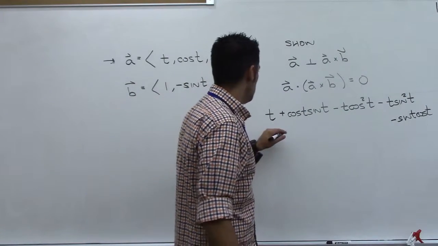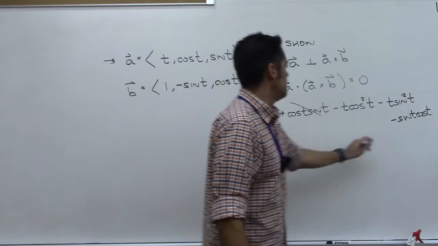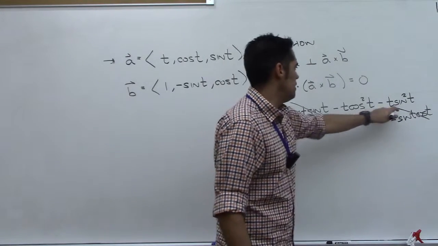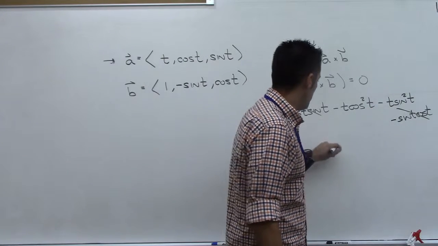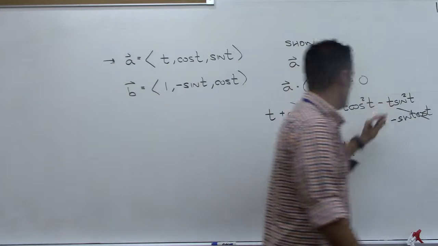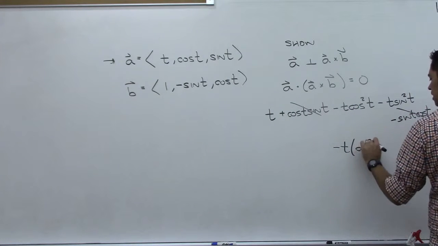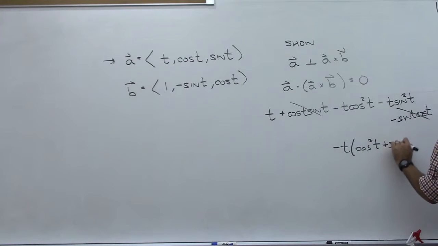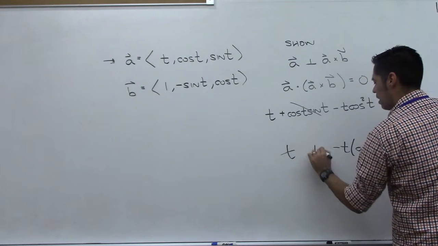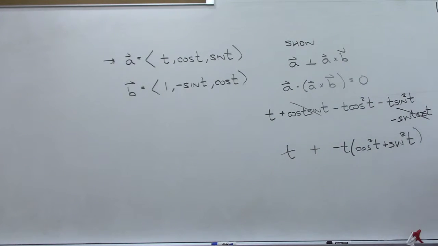So to show that it's 0, first of all, notice that this and this cancel. And then on these two, I can factor a negative T out. When I factor a negative T out of both of those, I get cosine squared T plus sine squared T. Then back here in the front, I had a T plus this. So this is a 1.